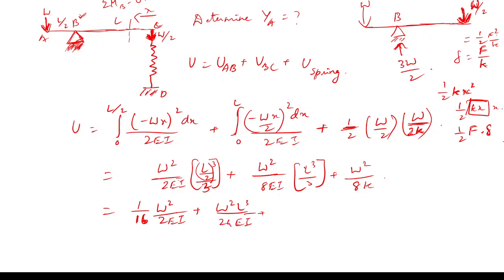Sir, 1 by 16 was the sum of both U_AB and U_BC, the first term. So you are saying the sum of both the first and second term will be 1 by 16.